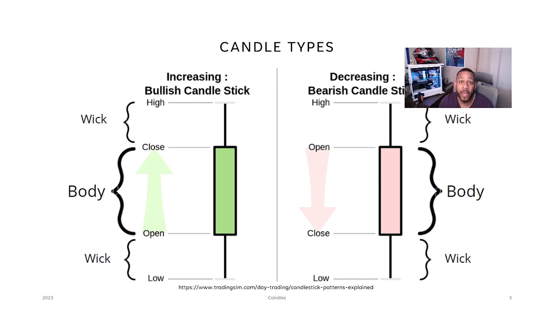So at the beginning of the hour, price opened at that time. Price may have gone down to where you see the low part of the wick down here, and it moved all the way back up to a high point. But within that hour, when the hour closed, it closed at this particular price.